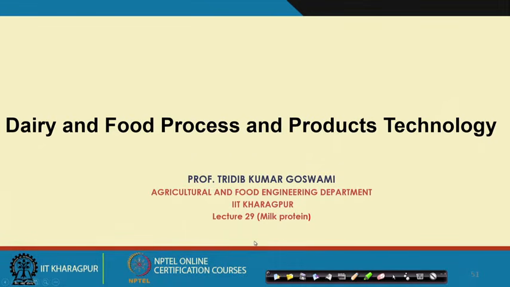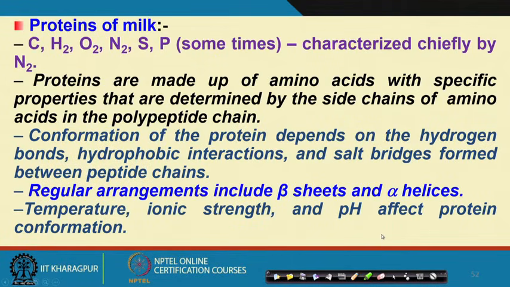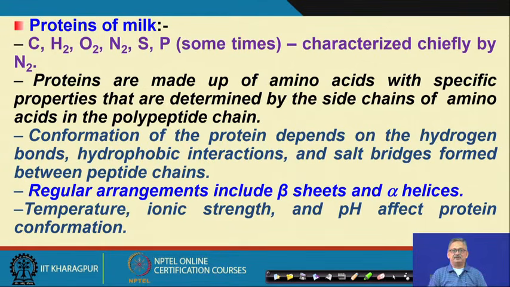milk protein, right. So, when we are talking about milk protein, we have seen that proteins are made of carbon, hydrogen, oxygen, nitrogen, sulfur, phosphorus, right.